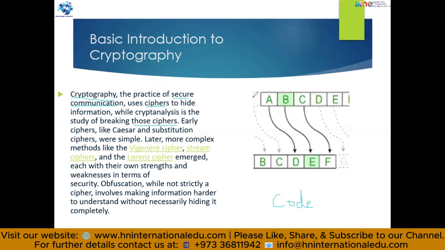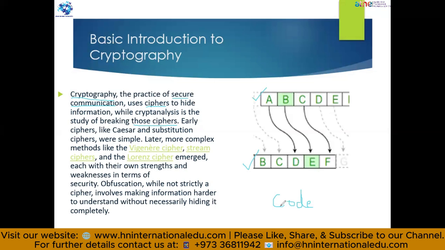These are our simple letters. But when we encrypt it, we will represent A with D, B with E, and C with F, and so on. At the end, when we have X, Y, and Z, we will represent them by A, B, and C. We just represent our message in another language.